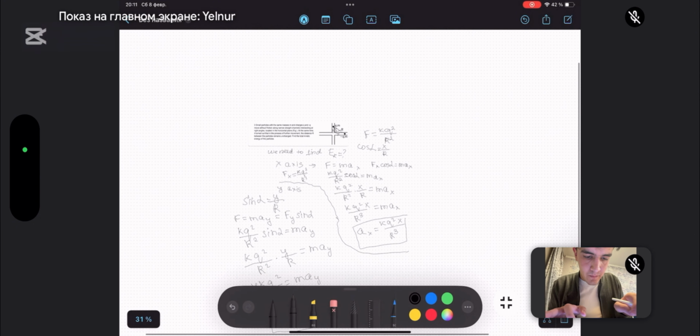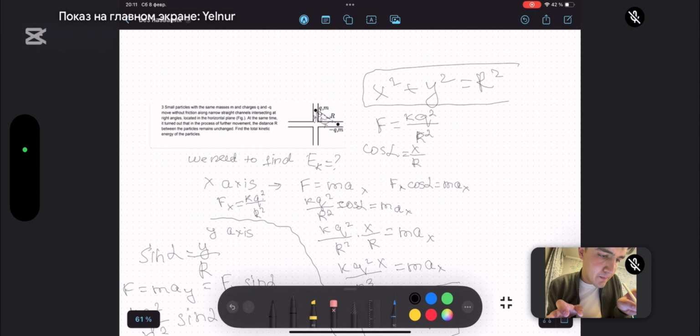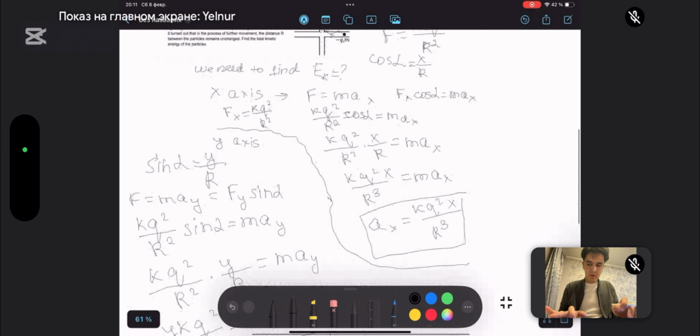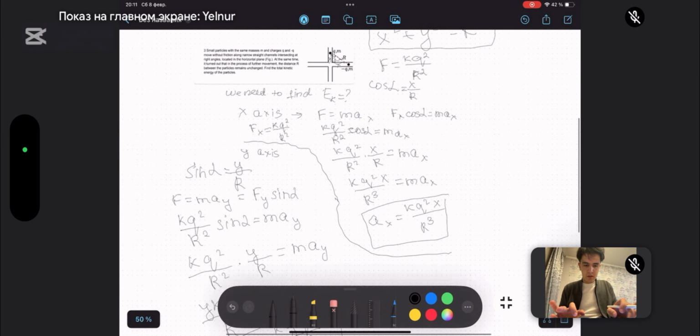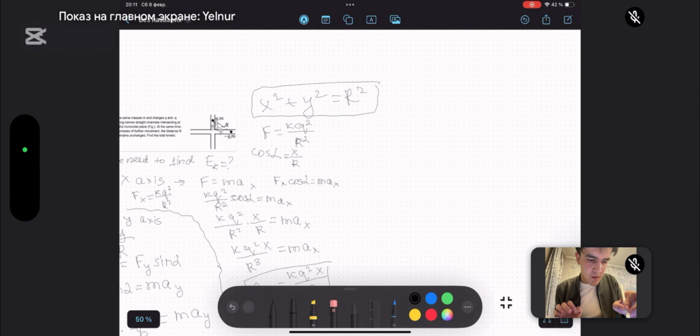R remaining constant means that the motion of this particle is constrained to a circle, and then we can write x squared plus y squared equals r squared. Since r is fixed, we conclude that the accelerated particle moves in a circle with radius r. This allows us to treat it as uniform circular motion.